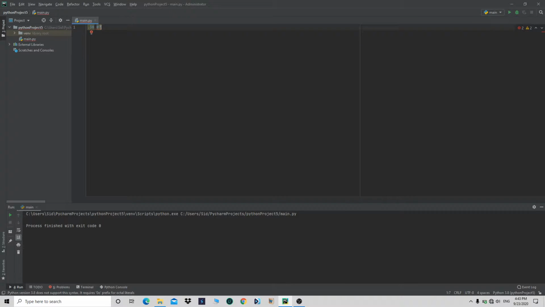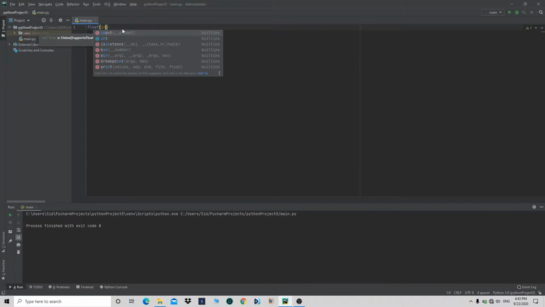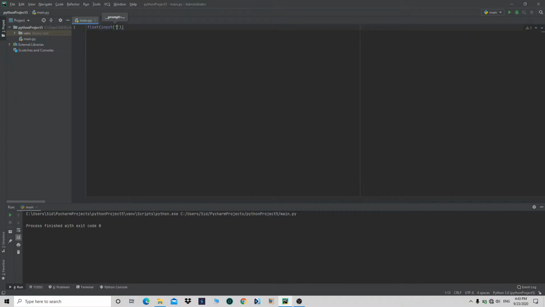First, what we have to do is type the float point. Here I'm going to use float, and this is the input where the user is going to enter the decimal number.